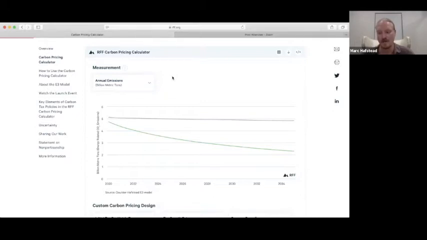Appreciate it. But let me just say something about RFF generally for those who aren't super familiar with Resources for the Future. RFF's mission is to improve environmental, energy, and natural resource decisions through impartial economic research and policy engagement. We're committed to being the most widely trusted source of research insights and policy solutions leading to a healthy environment and a thriving economy.